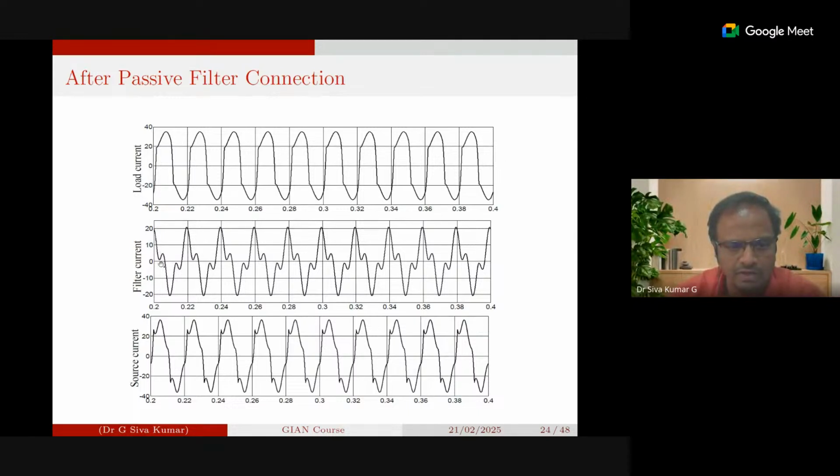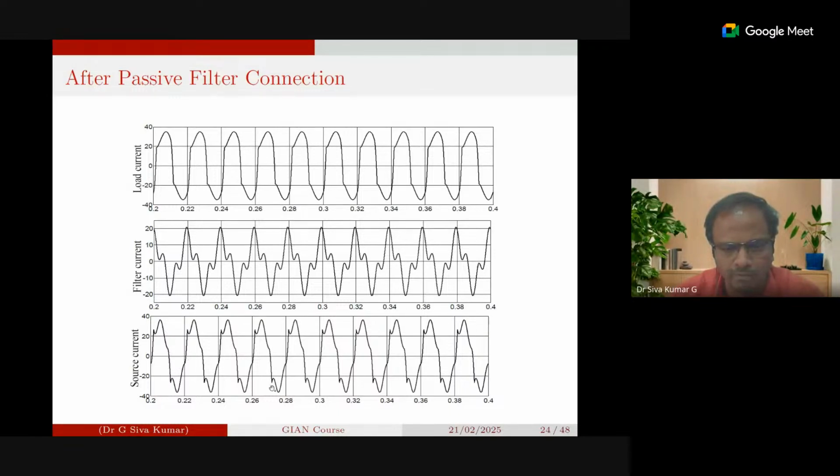You can see this is the filter current that flows through the passive filter. The source current looks different from the real load current; the current has been changed.